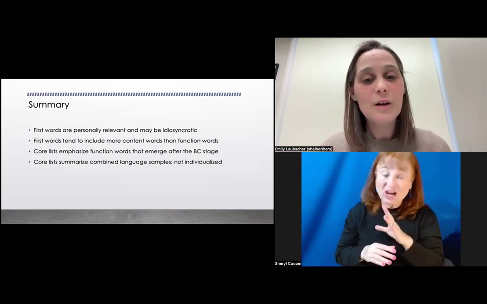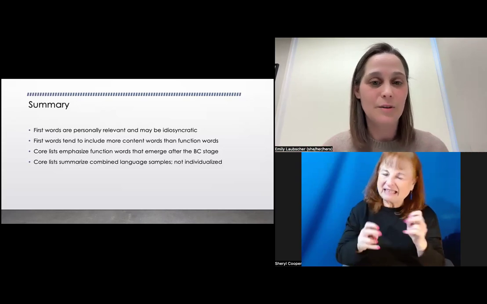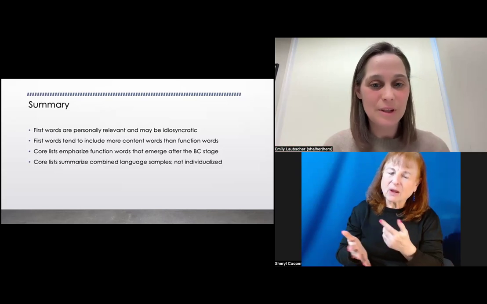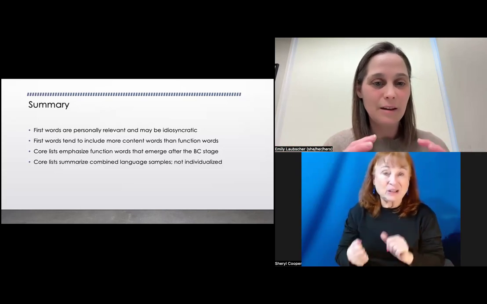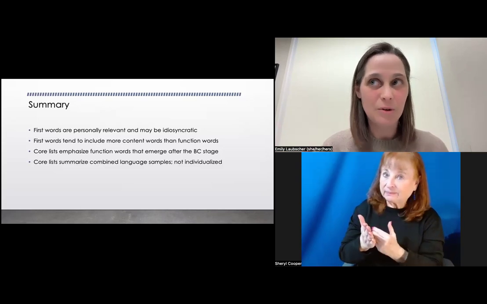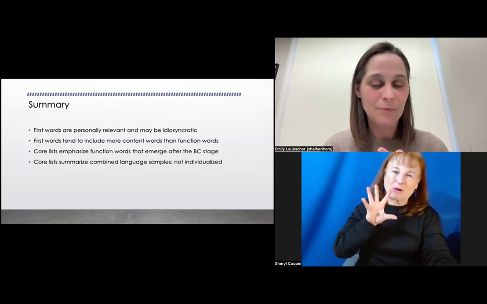And they also, in the analysis approach that the authors have taken, for the most part, what's happened with this approach is that we end up with core word lists that are a summary of many language samples all combined together.